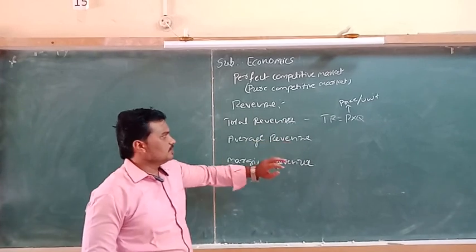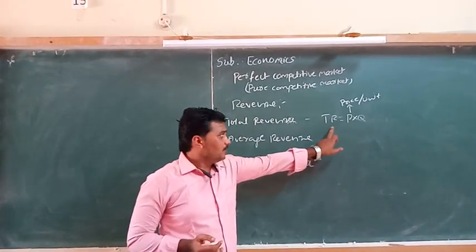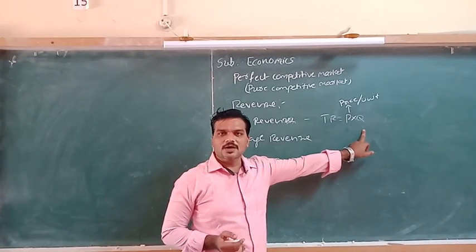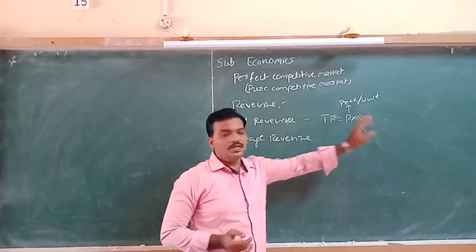Okay, that is total revenue. That means the total revenue can be obtained by multiplying the price per unit of a commodity and the quantity or units of a commodity sold.